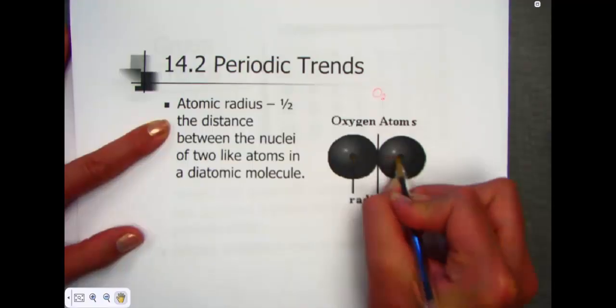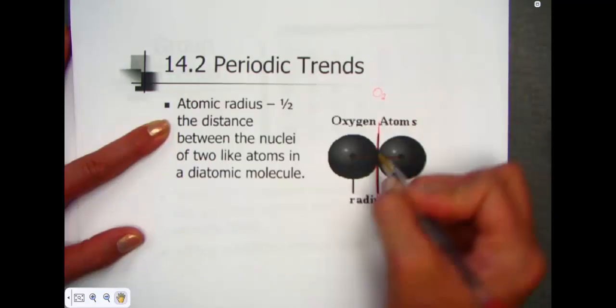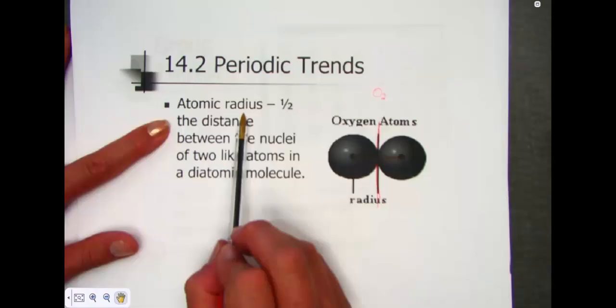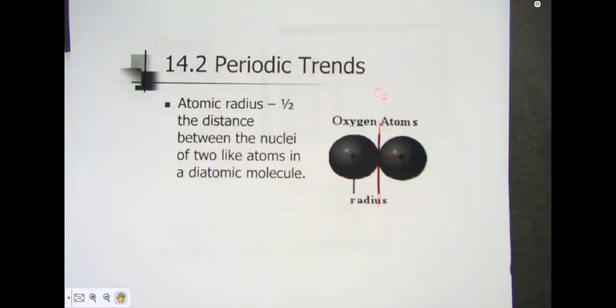Once we measure how far the nuclei are from one another, we simply cut it in half and find the radius of the atom. Atomic radius is defined as 1/2 the distance between the nuclei of 2 like atoms in a diatomic molecule. The size of the atom from the nucleus to the outer edge of the electron cloud.